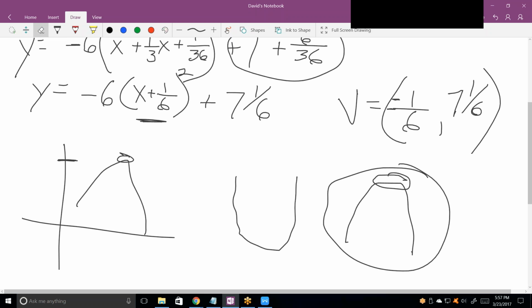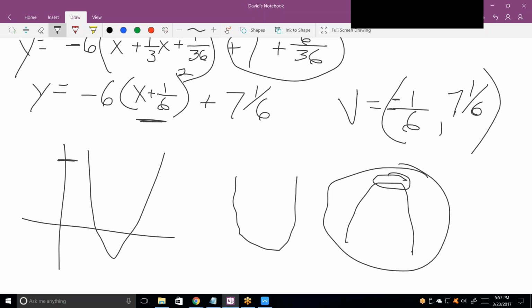If the parabola were to open up like this, well, now the vertex is down there, but I can plainly see that it's a minimum. And so whether it's a minimum or a maximum has everything to do with that sign right there that is in front of the 6. That sign is negative, it opens down, making it a maximum. That sign is positive, it opens up, making it a minimum.